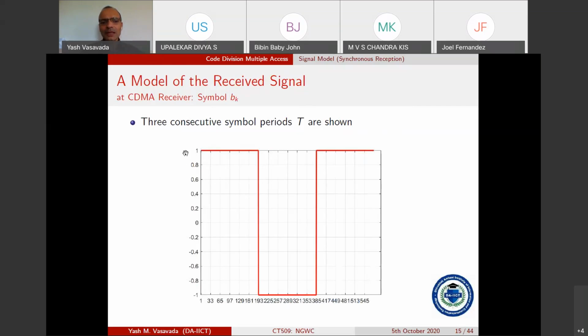So the y-axis will be square root of 1 over 192 if I plotted just the individual symbols. Here I'm plotting a value of 1, and that is possible only if A of k is square root of 192.